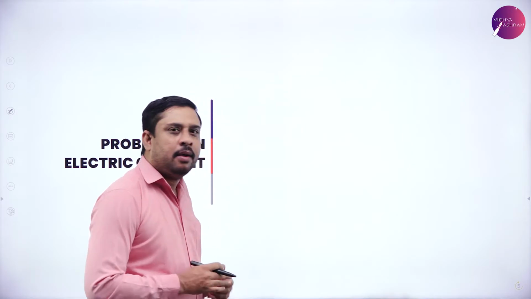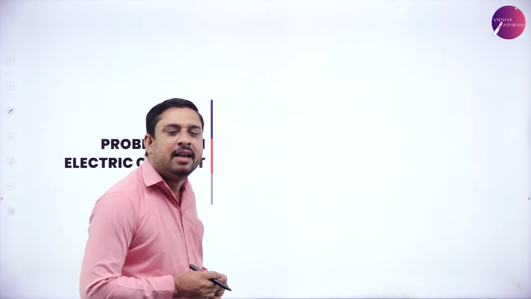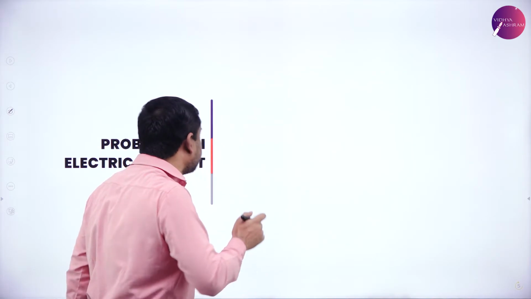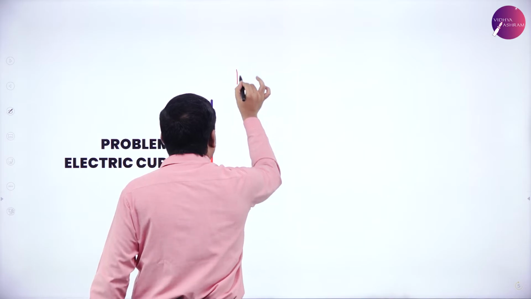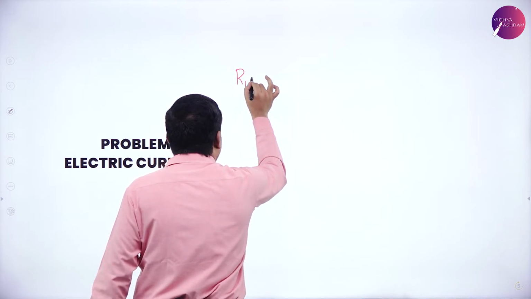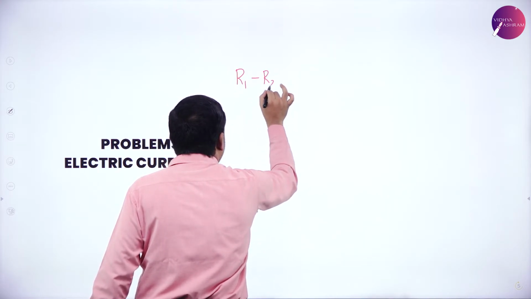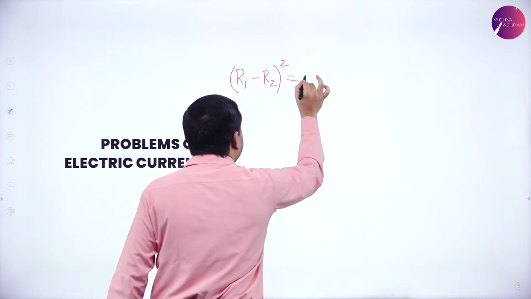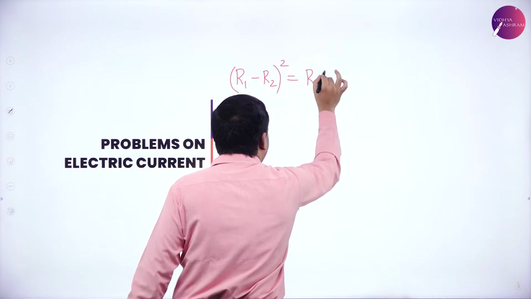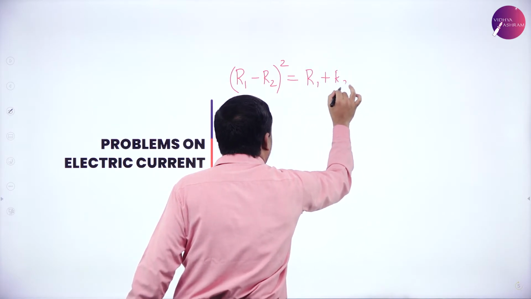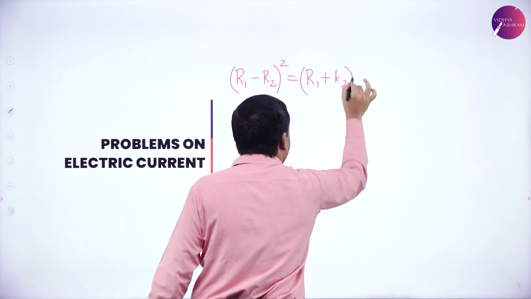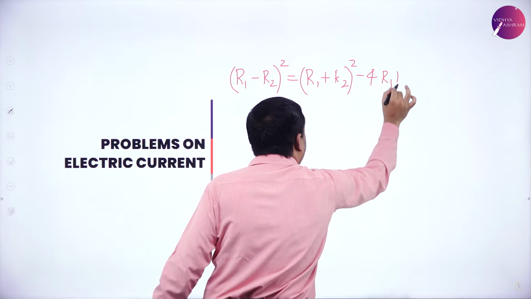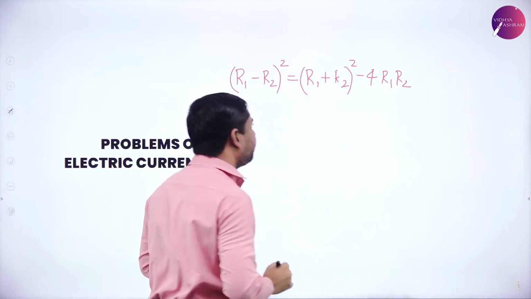Now, by using the equation of biquadratics, I have R1 minus R2 whole square is R1 plus R2 whole square minus 4 R1 R2.